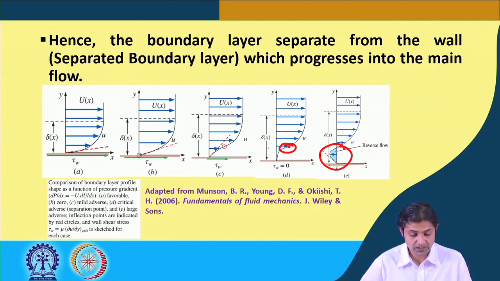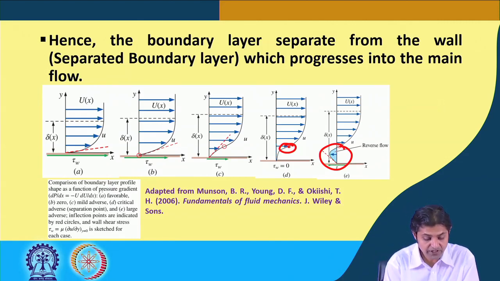All right. So, this is a comparison of boundary layer profile shape as a function of pressure gradient. dP dx is minus u du dx. A is a favorable case, you see.